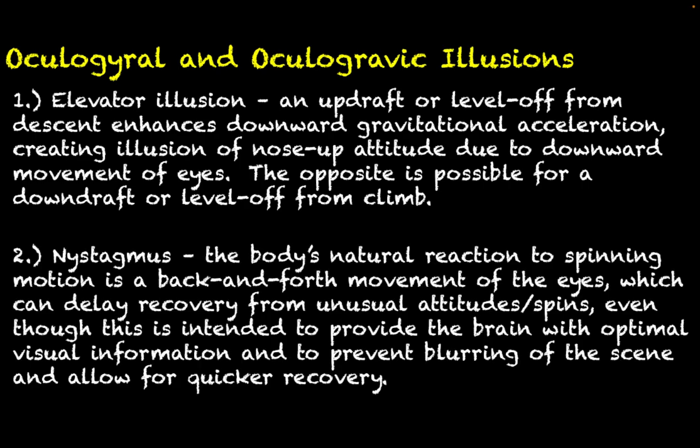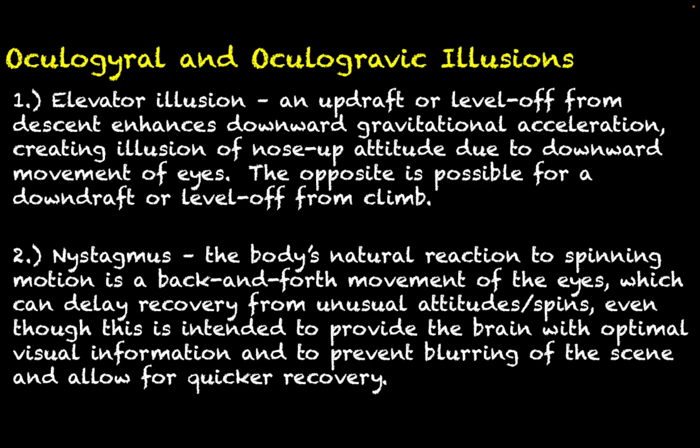Second, we have what's called nystagmus. This is the body's natural reaction to spinning motion, an involuntary back and forth movement of the eyes, which can delay recovery from unusual attitudes or spins, even though this is a natural automatic reflex that the body has, and it's intended to provide the brain with optimal visual information to get your sense of orientation established very quickly, or to prevent blurring of the scene and allow for quicker recovery.